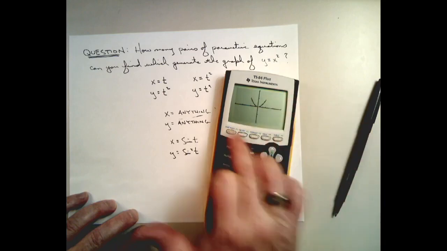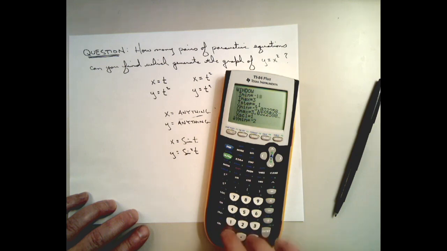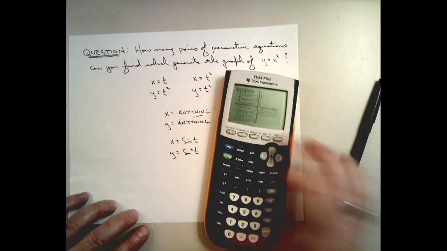And if I change my values of t, let's do a whole bunch more. Let's go between negative 10 and 10 this time with my values of t, and see what happens to my graph.